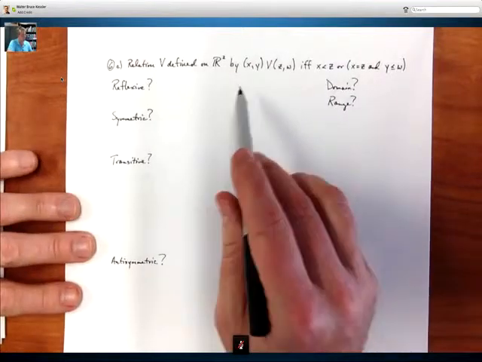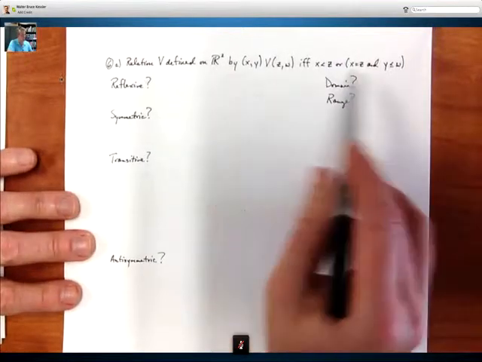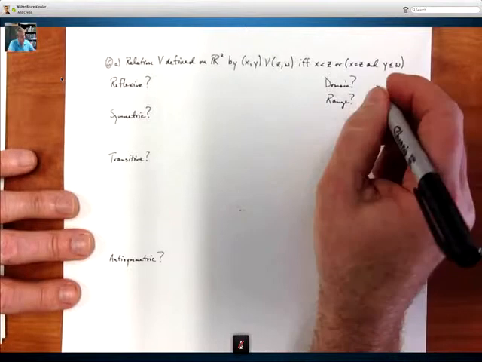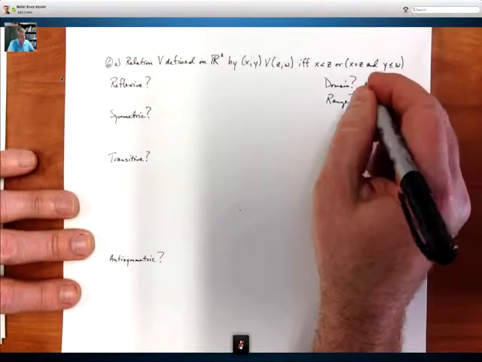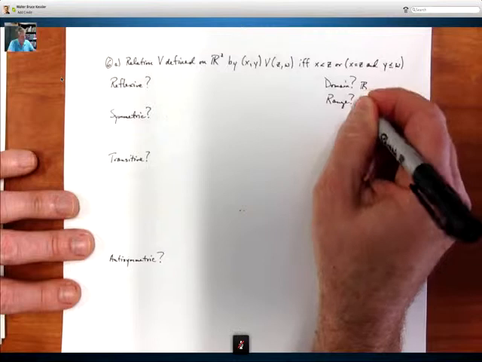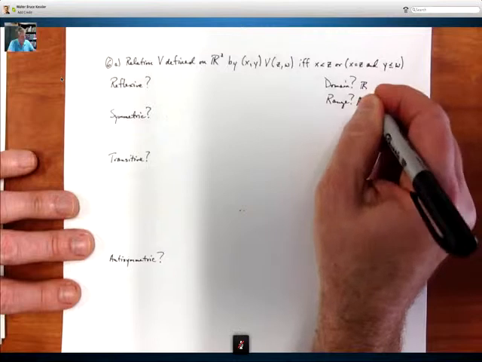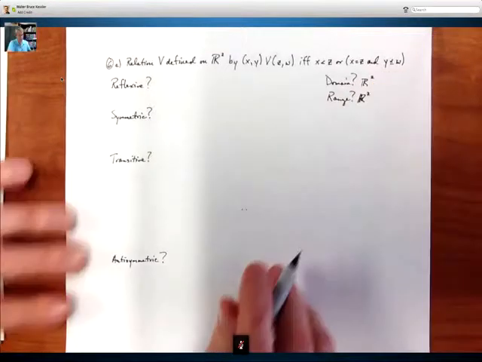Okay. There's nothing prohibiting any of R2 from being in either one of these spots. Right?